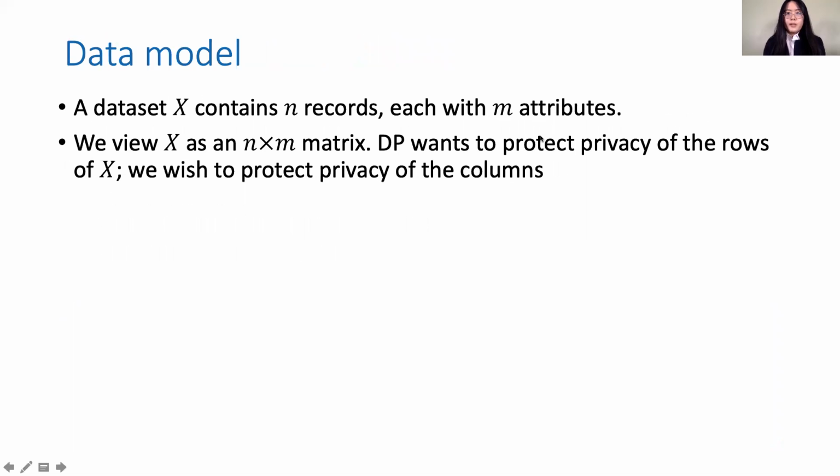We first introduce a data model for attribute privacy. A dataset X contains n records with m attributes, and we can view this as an n by m matrix. And remember, DP wants to protect privacy of the rows, but we want to protect the privacy of the columns.